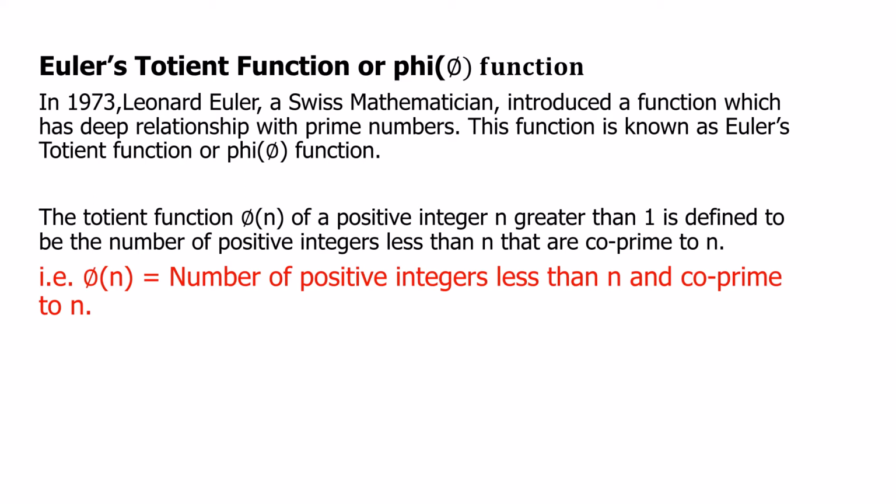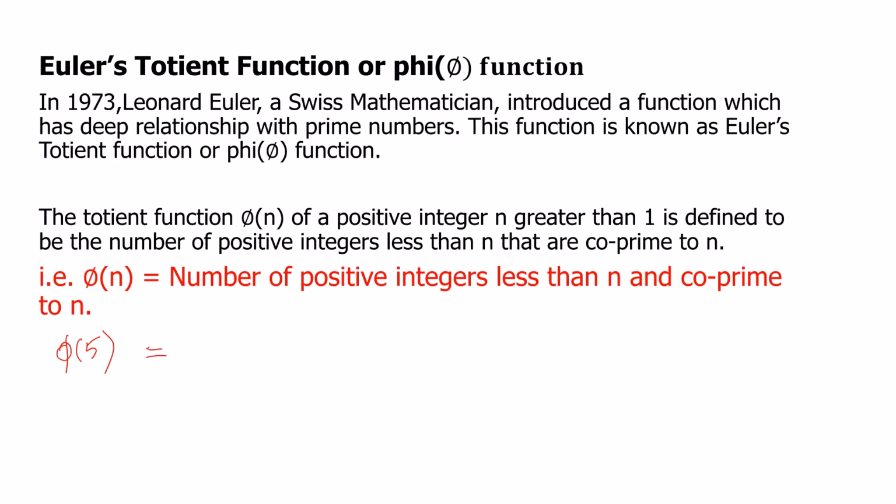The totient function of a positive integer n greater than 1 is defined as the number of positive integers less than n that are coprime to n. With the help of an example, we'll try to understand the concept. Suppose I take totient of 5. What is the meaning of totient of 5?